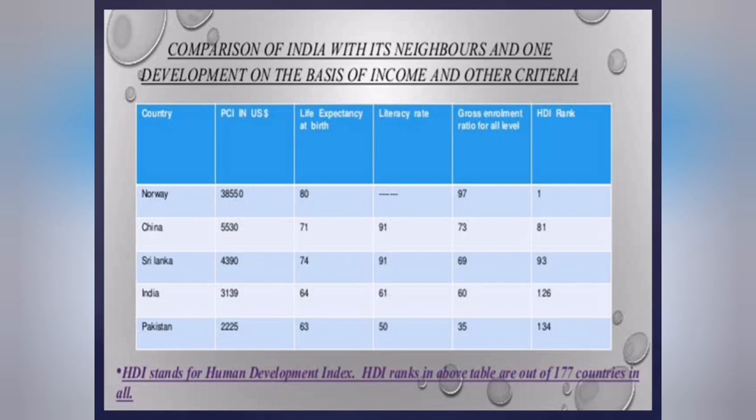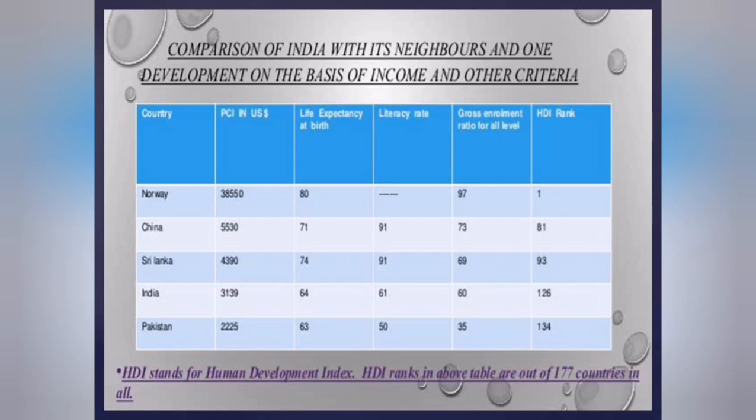Out of 177 countries, by taking indicators like per capita income, life expectancy at birth, literacy rate, and gross enrollment ratio, we are calculating HDI rank. The first rank goes to Norway because all these indicators are highly developed in Norway.